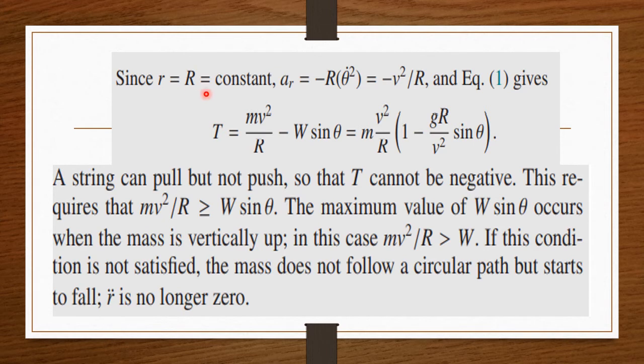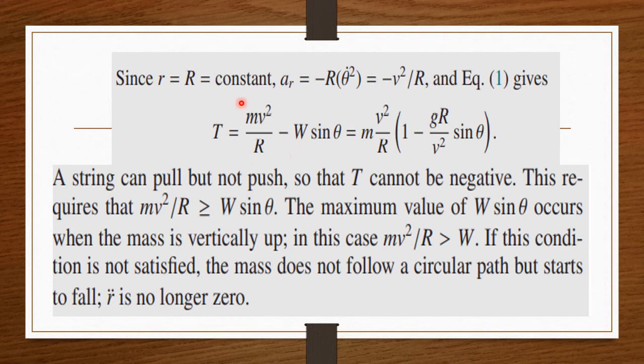Now we know that r is a constant, which is the length of the string. So a_r is equal to minus r theta dot square. We know theta dot is v by r. On substituting, we get a_r equal to minus v square by r. When we substitute this in equation number 1, we get T equal to m v square by r minus W sin theta.